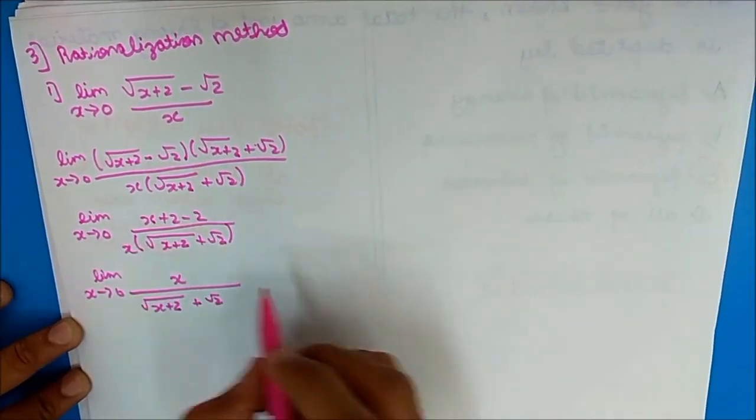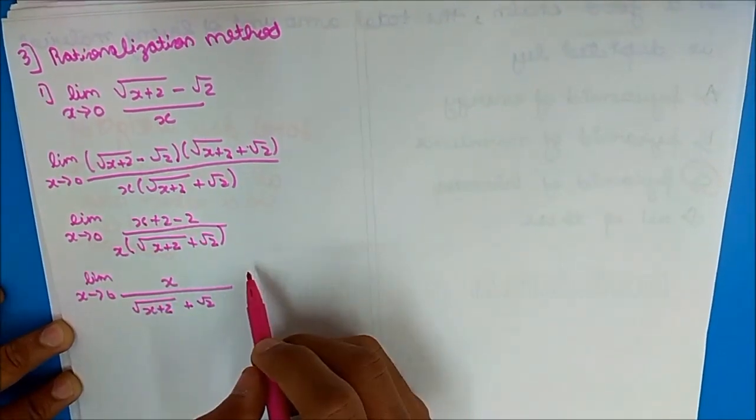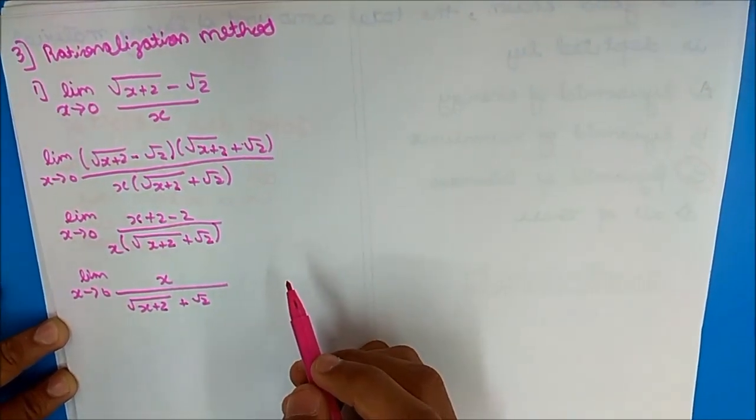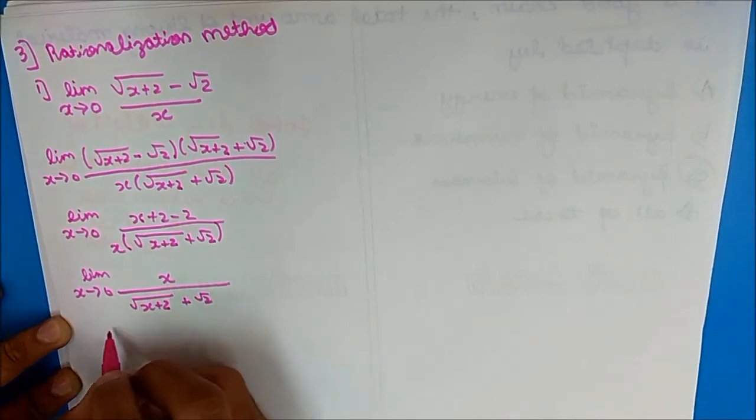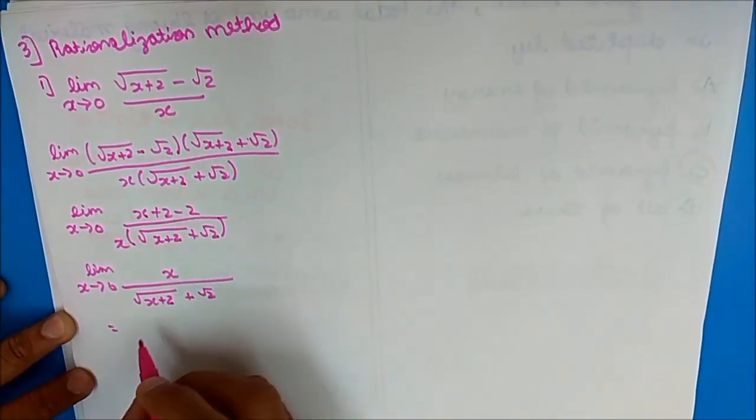As we have eliminated x, because if x is tending to 0, x cannot be 0, hence we have removed the x. That goes cancelled.